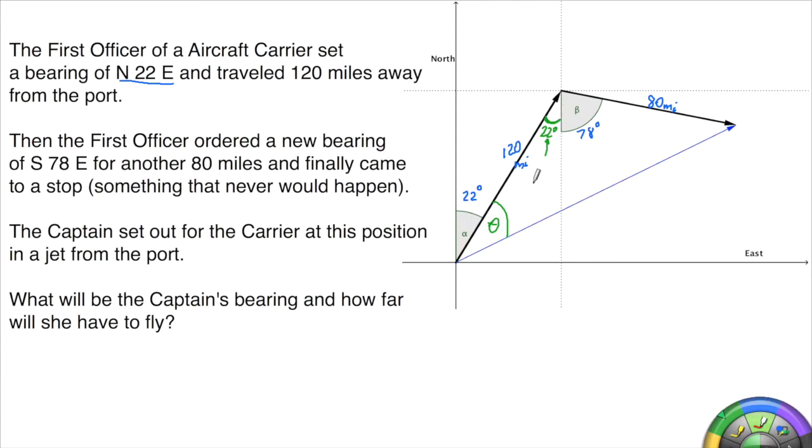This angle and this angle are congruent. All right, so we know this main angle up here is going to be 100 degrees after we add them together. So we got a 100-degree angle in this corner of the triangle, and we have the two adjacent sides. So we can set this up as law of cosines.